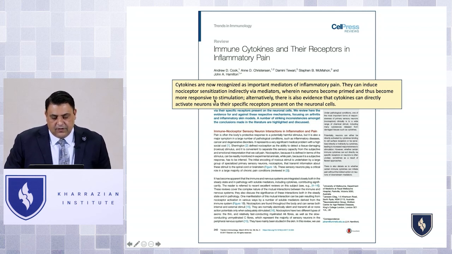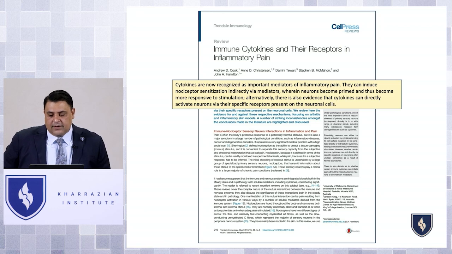They can induce nociceptive sensitization indirectly via mediators where neurons become primed and thus become more responsive to stimulation. Alternatively, there's also evidence that cytokines can directly activate neurons via their specific receptors present on neuronal cells. So even if you don't have an injury, cytokines themselves can activate pain fibers directly.